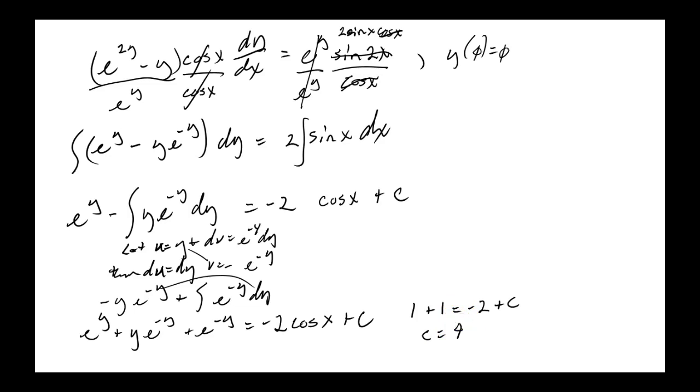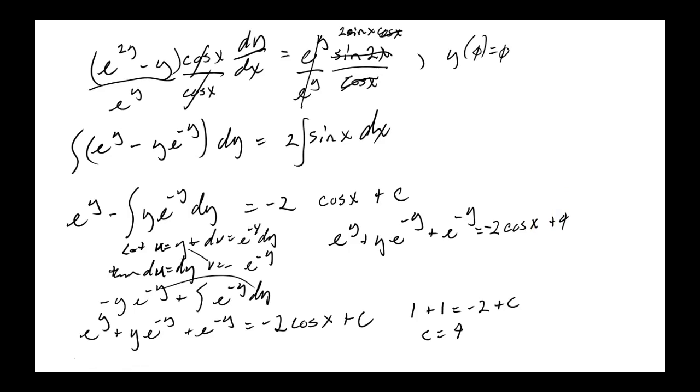Okay? So let's go back and plug that in, and what we have is e to the y plus y e to the minus y plus e to the minus y is equal to 2 minus 2 cosine x plus 4. Okay, I hope that's right.